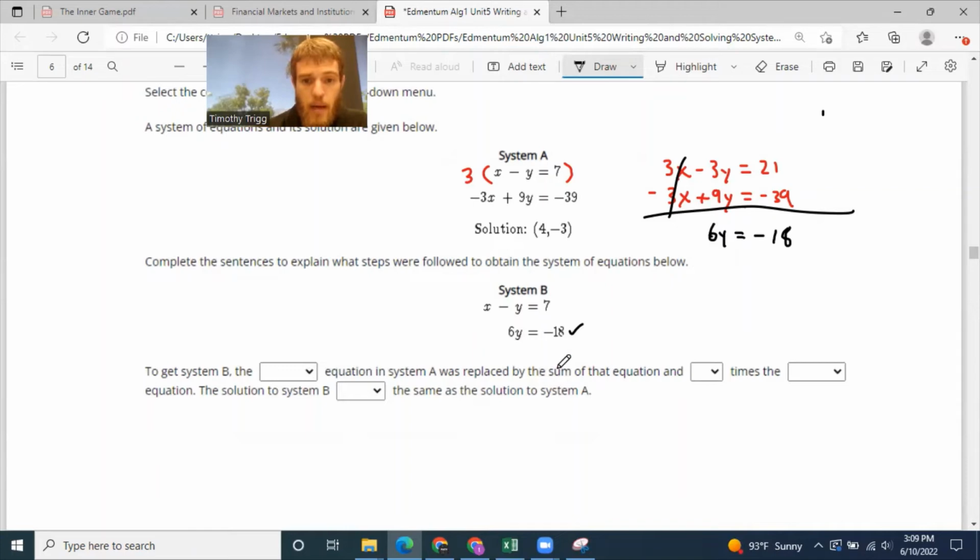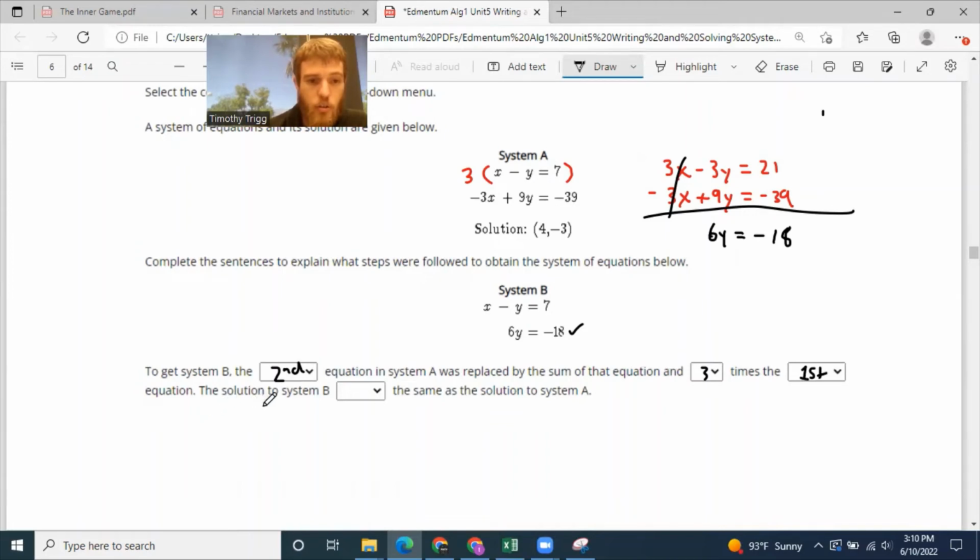was replaced by the, I would say the second equation in system A was replaced by the sum of that equation and 3 times the first equation.